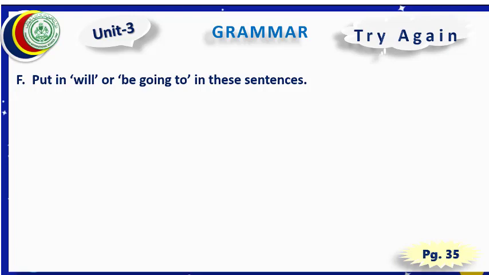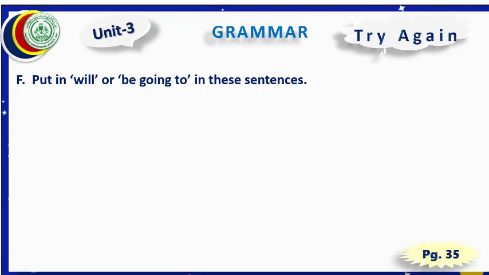We have not learned the rules to use will and to use be going to. How can we do this exercise? First of all, we shall learn the rules to use will. Then we shall use the rules to use be going to.